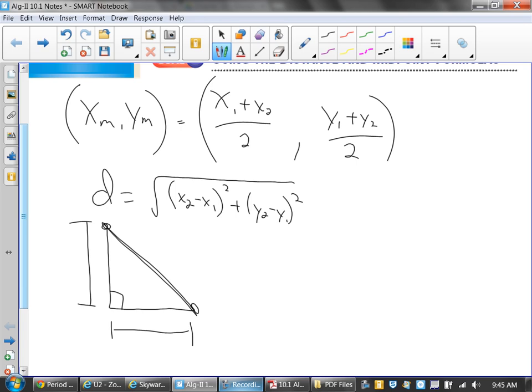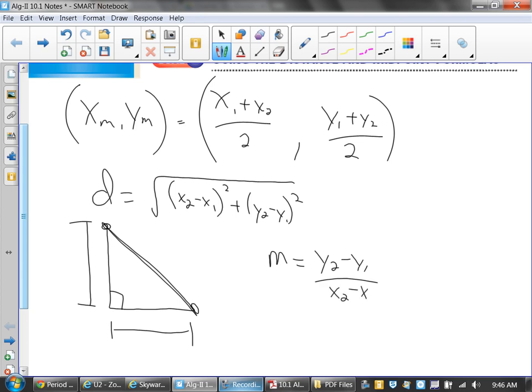It bisects something, so it goes through the midpoint of a segment. And how do you create a right angle? How do you know something's perpendicular in regards to ordered pairs? How do you know it makes 90 degrees? Opposite reciprocal slopes. So we have to remind ourselves about slopes real quick. Slope is the change in y over the change in x.